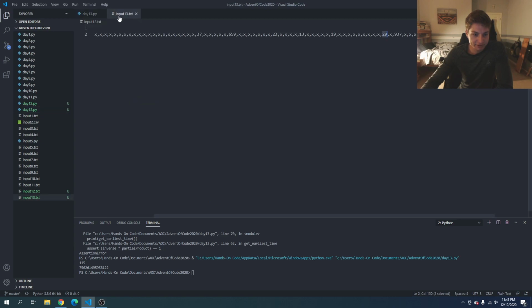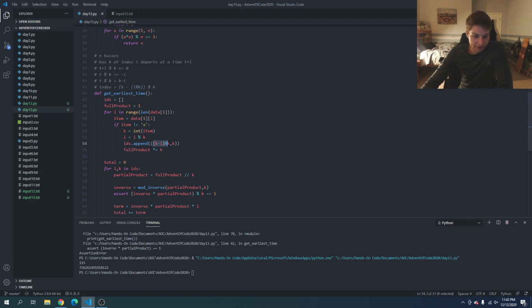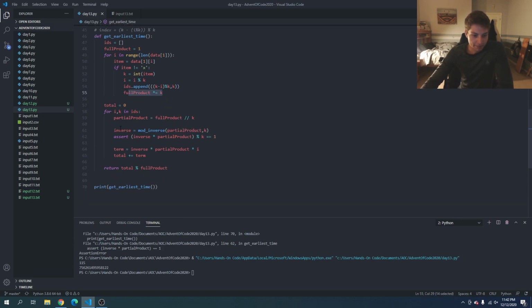And I explain that because, say, for example, if this 37 comes at index 50, if the index is greater than the bus ID, well, we want to mod it by 37 so that the index is now between 0 and 37. And so we add that to the list along with the bus ID, and we calculate our full product just by multiplying all the IDs together.